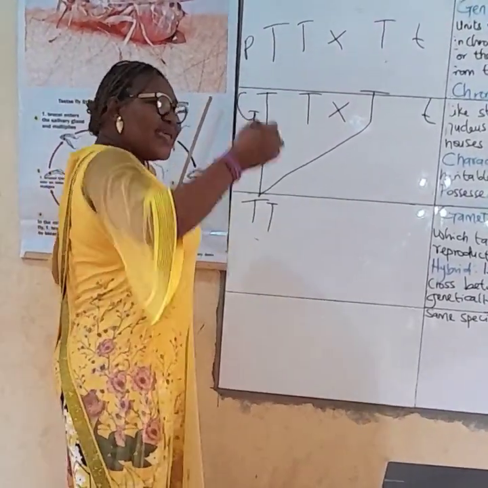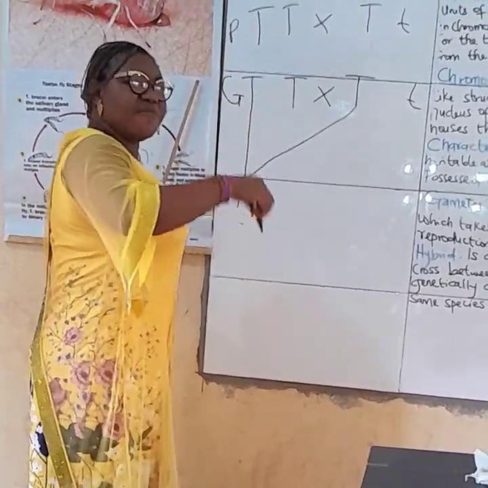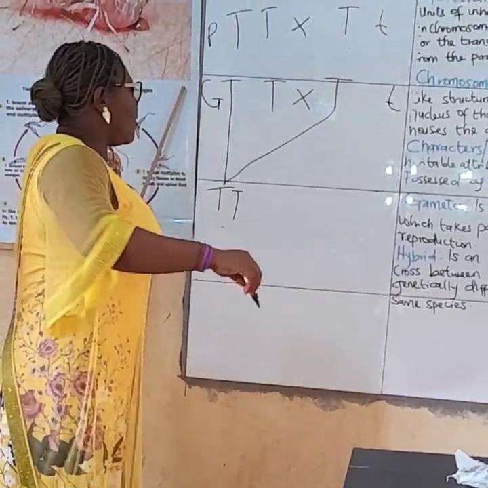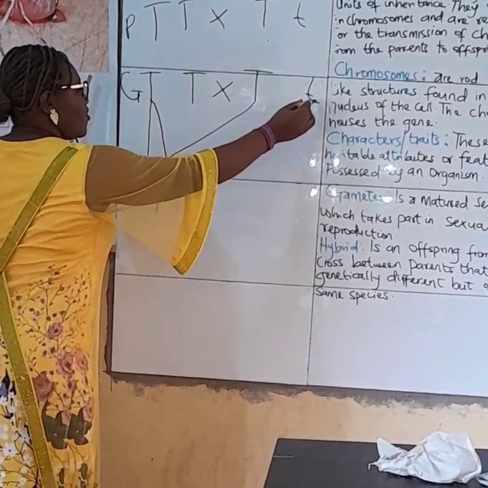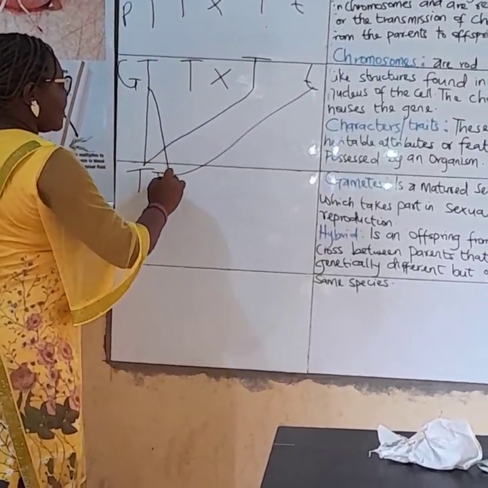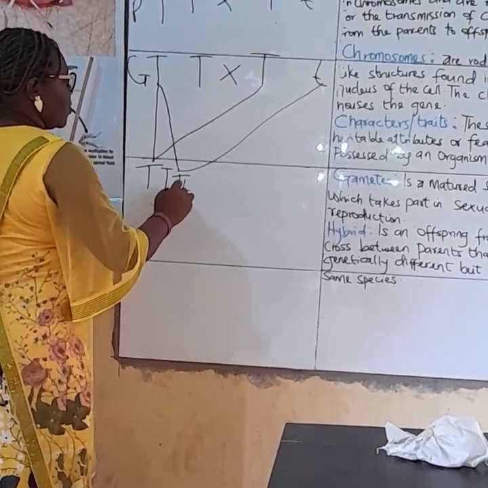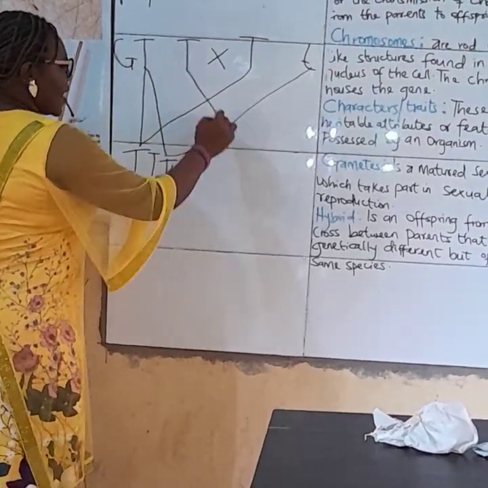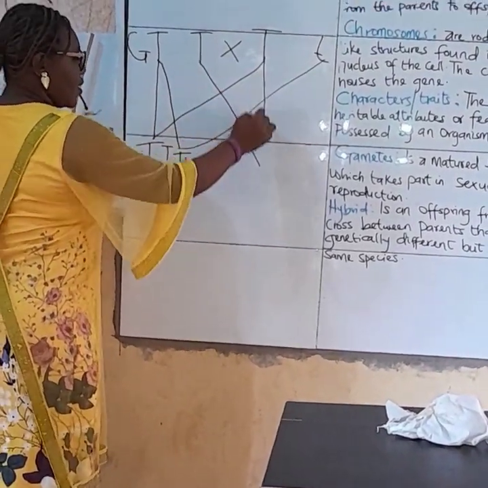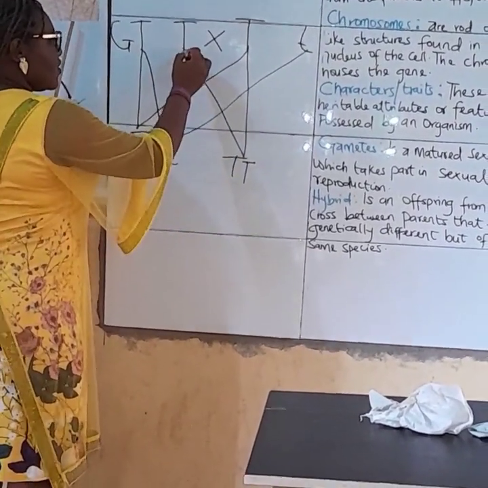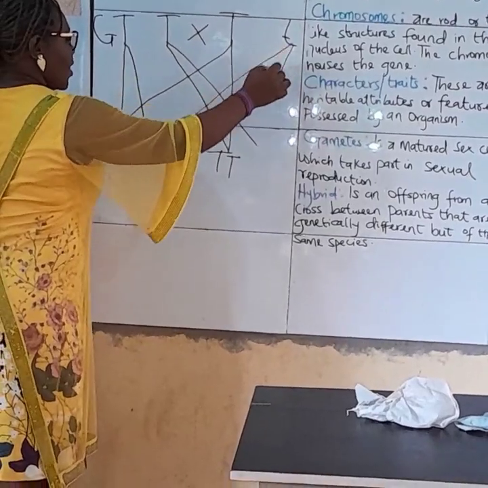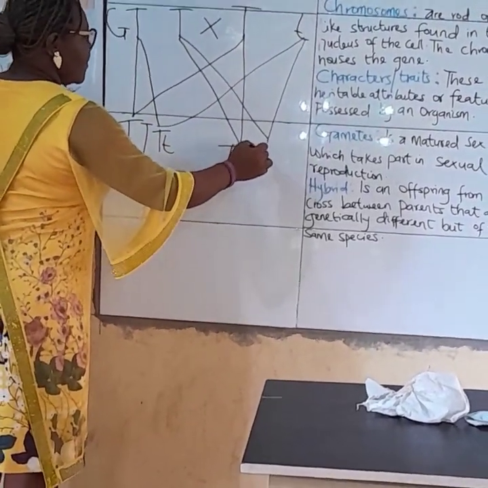Remember, dominant will come first before the recessive. So you use this one again, and cross this one, you get Tt. Use this one, cross this one, get TT. Use this one, cross this one, and you get Tt.